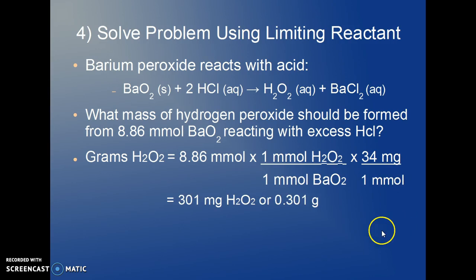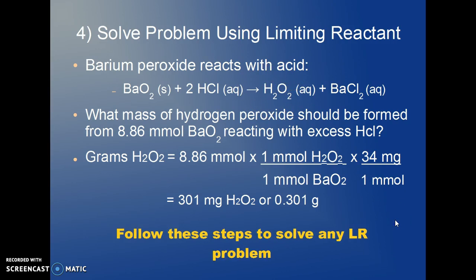This then gives us 301 milligrams of H2O2, or 0.301 grams, a reasonable answer, given the fact that the barium does not appear in the needed product, H2O2. These are the steps you will follow to solve any limiting reactant problem.